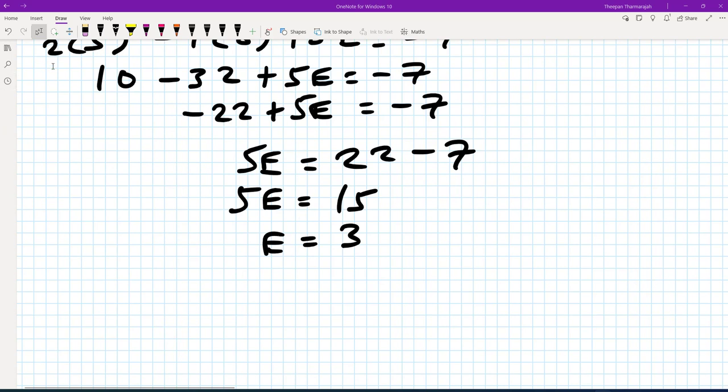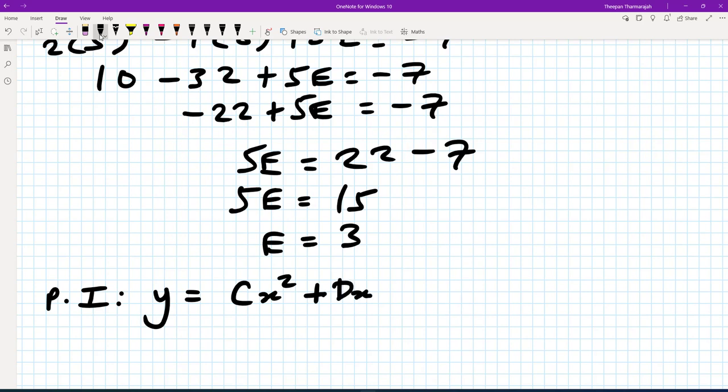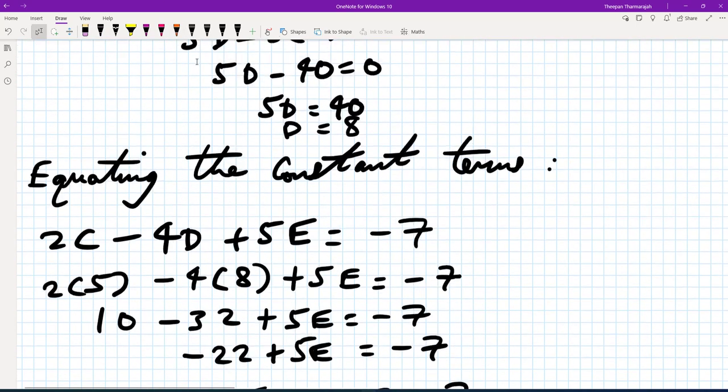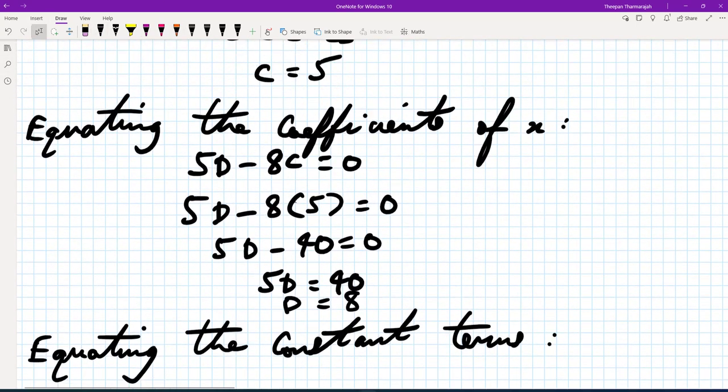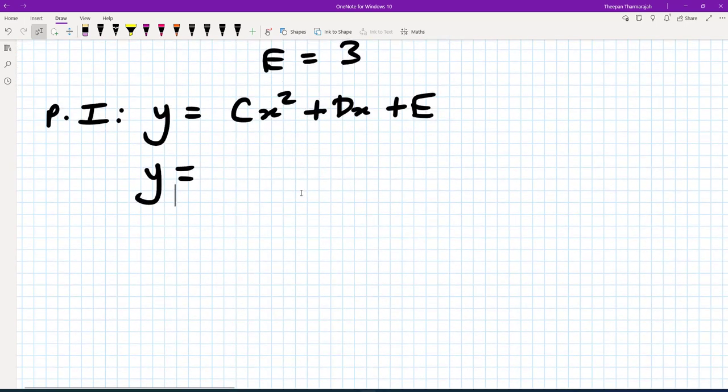So we can say from there that our particular integral is going to be, as we stated, y equals cx squared plus dx plus e. So we write our coefficients in. We worked out that c was 5, d was 8. So it's going to be 5x squared plus 8x plus the value of e we worked out, which was 3.